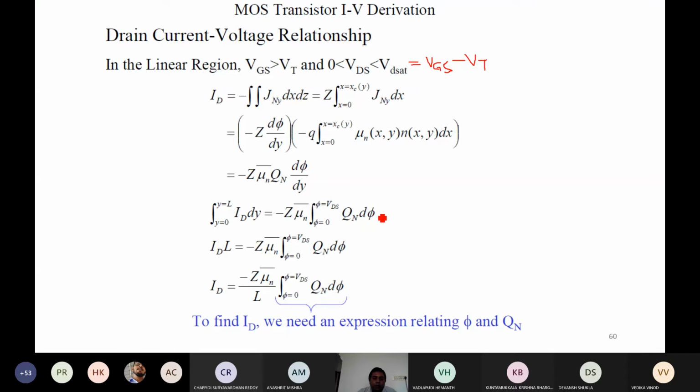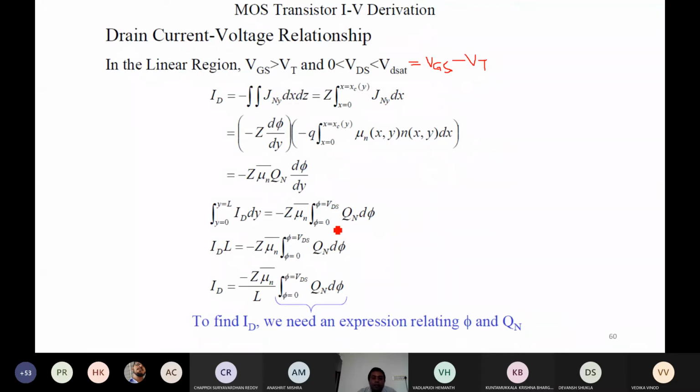So the potential at the source side is 0, and at the drain side it is equal to VDS, whatever drain to source voltage you are applying at the drain, and the source is grounded. So the voltage at the source side is 0, and at the drain side phi equals VDS.